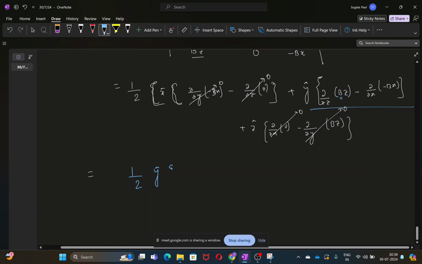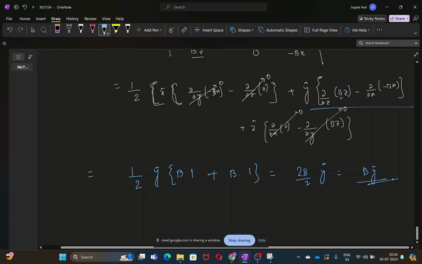So let us calculate what the value will be. Half y cap, B is a constant, so it comes outside. Del z of z is 1, minus, this minus and this minus make it plus. B is a constant, so it comes outside, and del x of x is 1 again. So it is nothing but 2B by 2 y cap, which is just B times y cap.